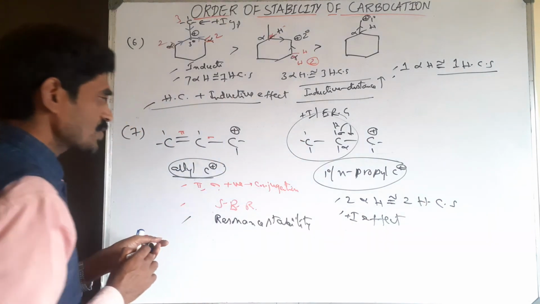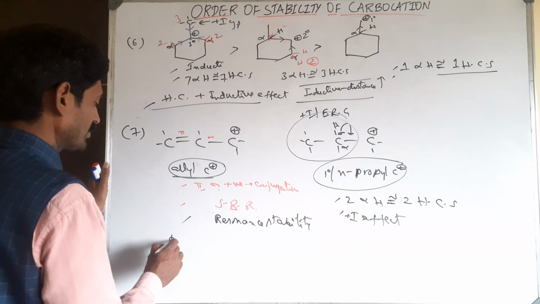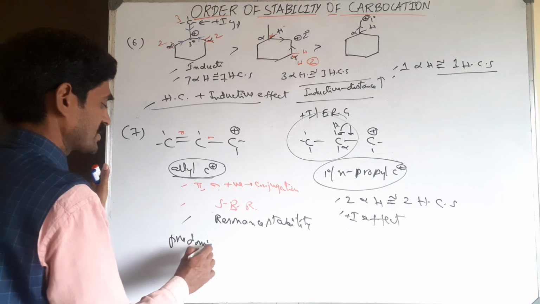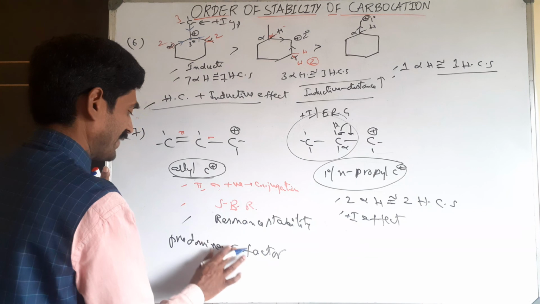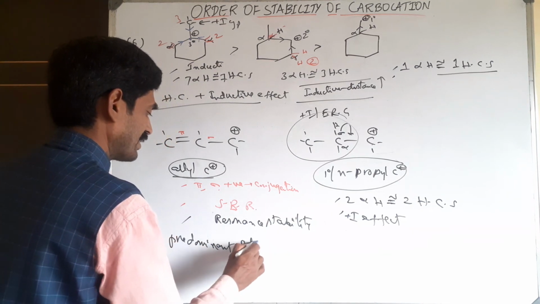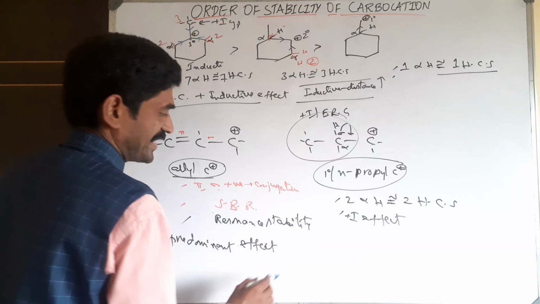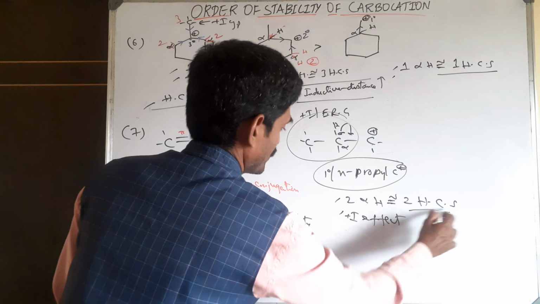But of these two, which is highly stable? The predominant factor, or the predominant electron migration effect, which effect is predominant here? Resonance and hyperconjugation and the inductive effect are there.